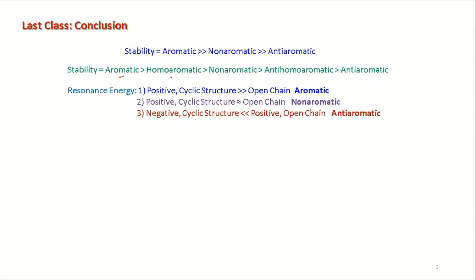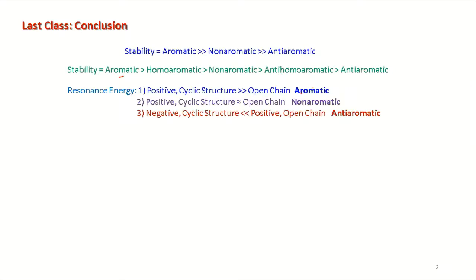Then you have homoaromatic, which maintains the aromaticity, just overlooking the sp3 centers. Then the non-aromatic compounds are quite stable also. Anti-homoaromatic follows, and the anti-aromatic is the least stable.